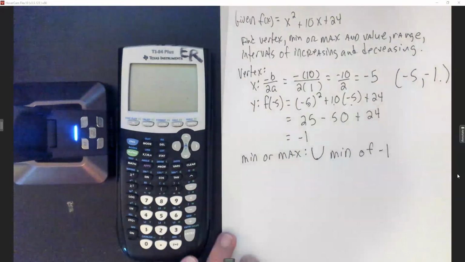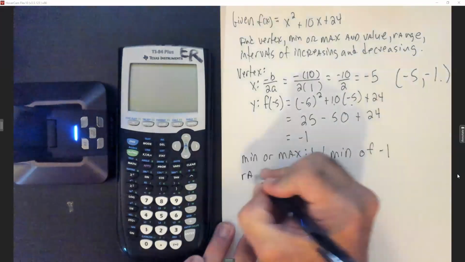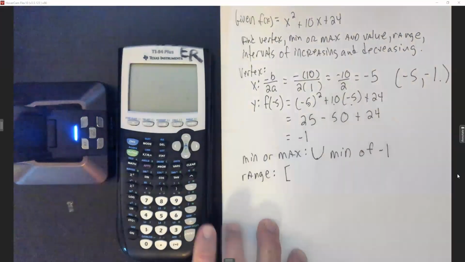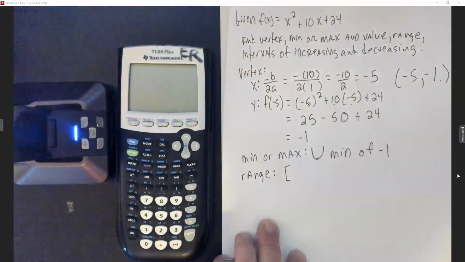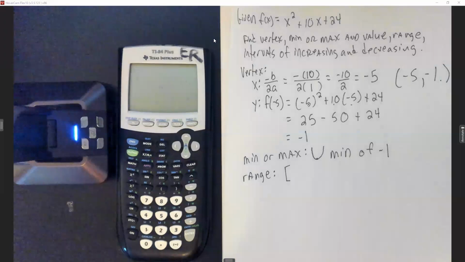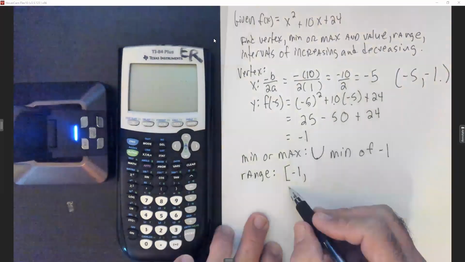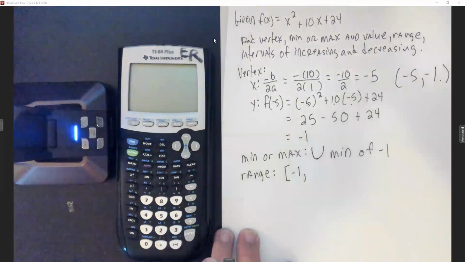The range, so the range, since you got a minimum, you're going to start with that minimum value. If you had a maximum, you would end with the maximum value. So the range starts at the smallest y value of negative 1, and I'm using square brackets because it can equal that negative 1.